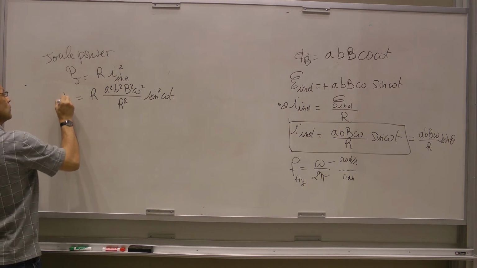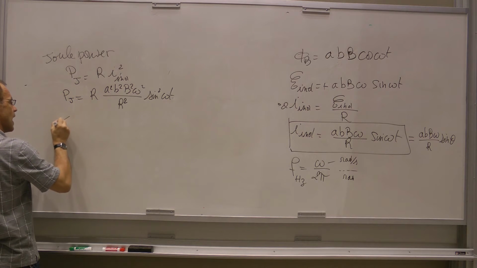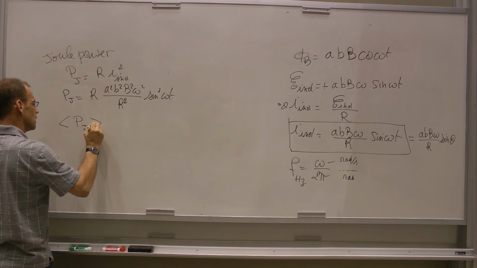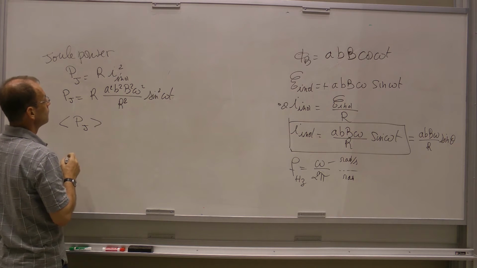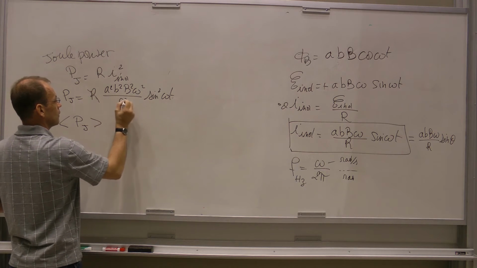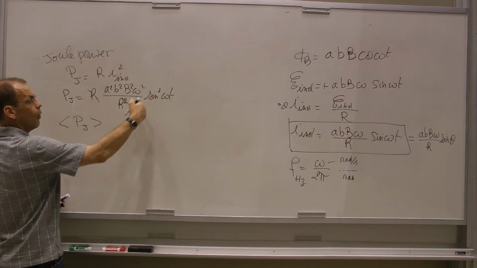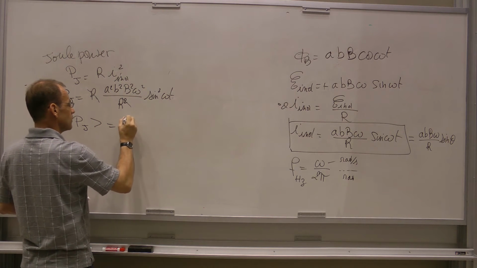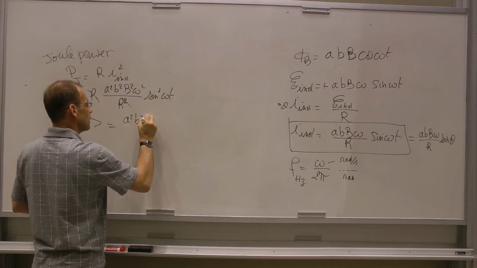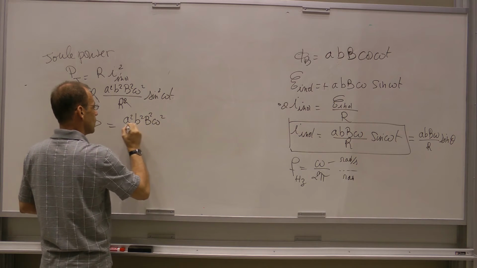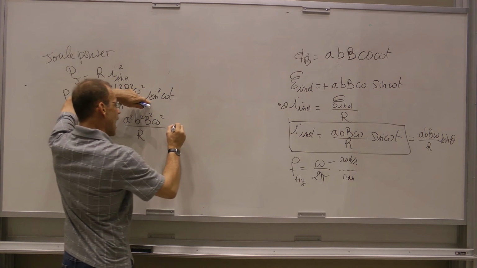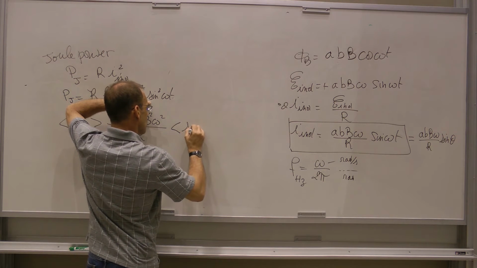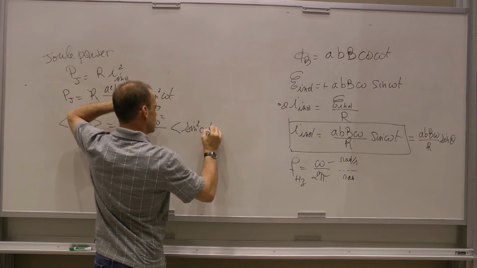What is probably very interesting would be to calculate the average power P Joule, the average power dissipated. Well, of course we have this cancellation by that. All these terms are constant, so these are going to stay the same: A squared, B squared, omega squared divided by R. And then we're going to have to calculate the average value over time of sine squared omega t.